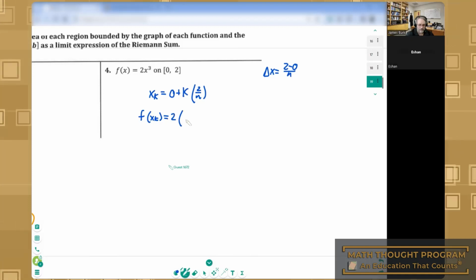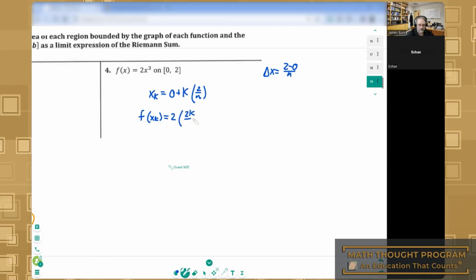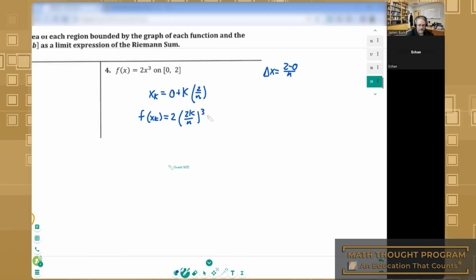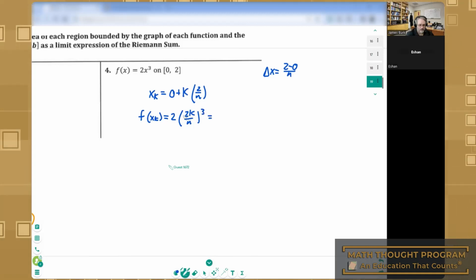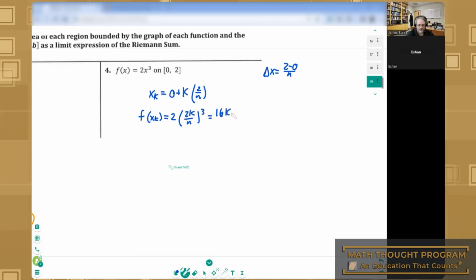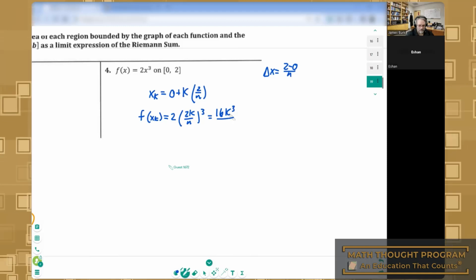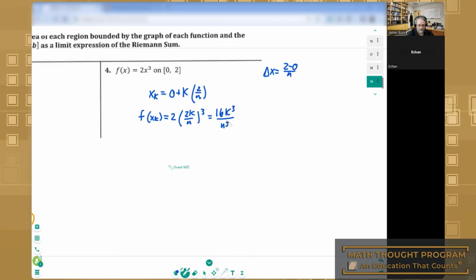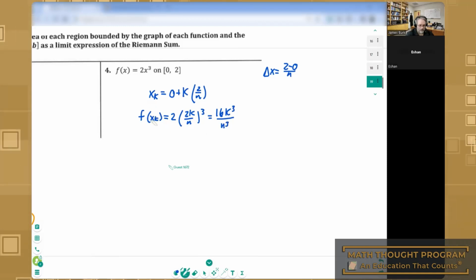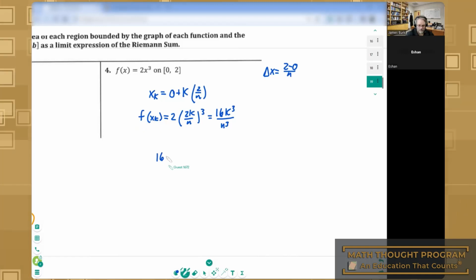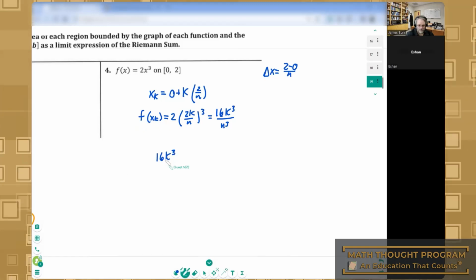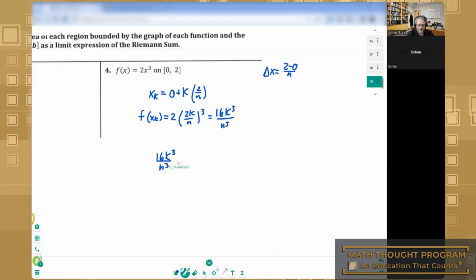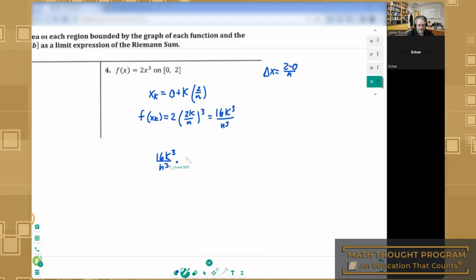You're going to have 2, you're going to have 2k over n raised to the third power. So you have 16 k to the third over n to the third. Okay, that's the height, multiplied by delta x.